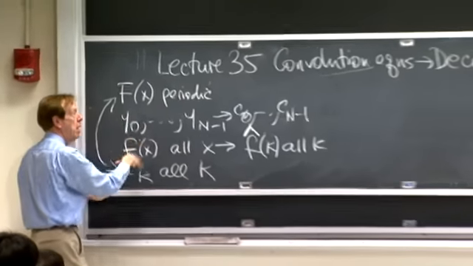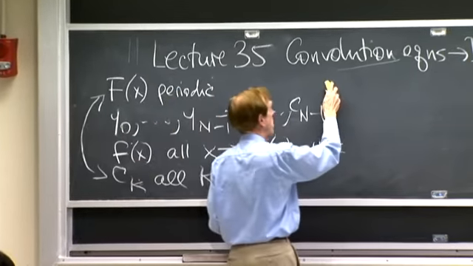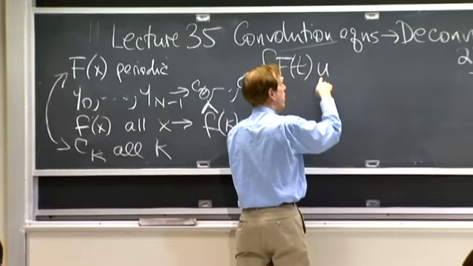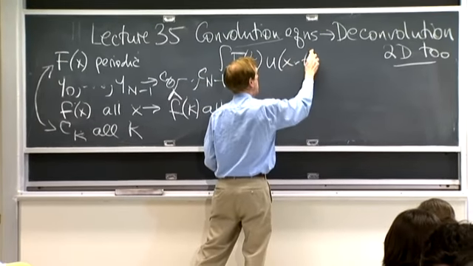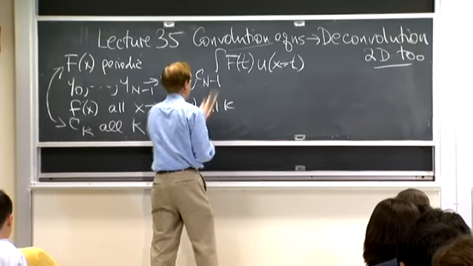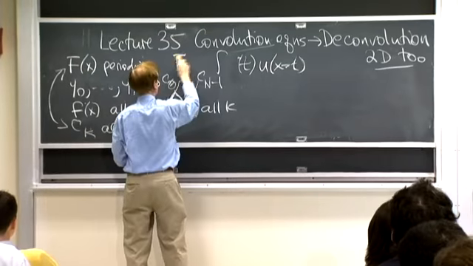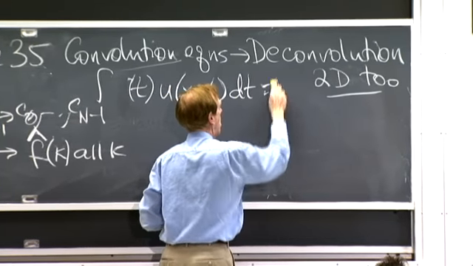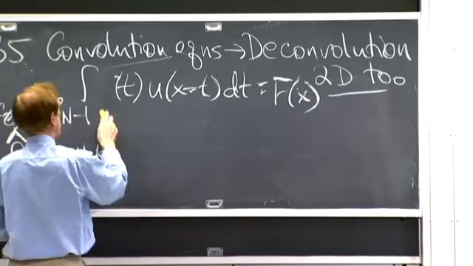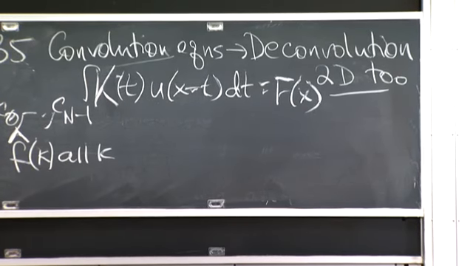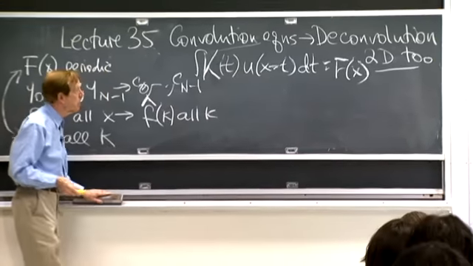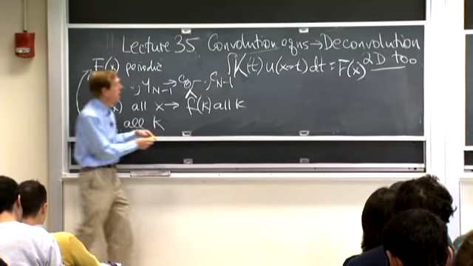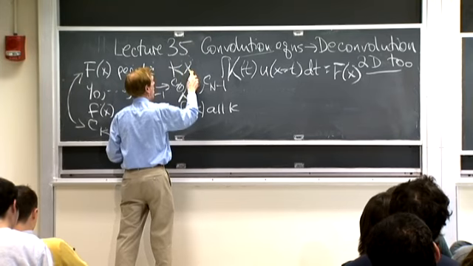The equation would be something like the integral of K of t times the unknown u at x minus t, with f as the right-hand side. Often K, for kernel, is the word.